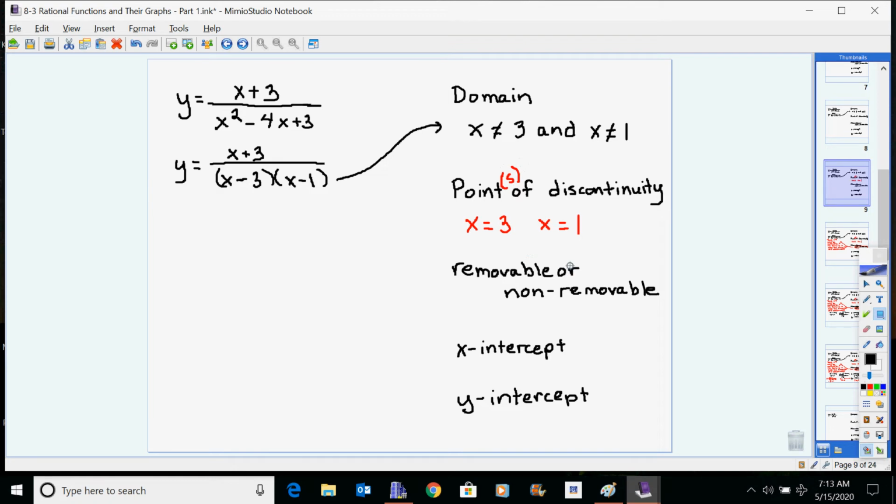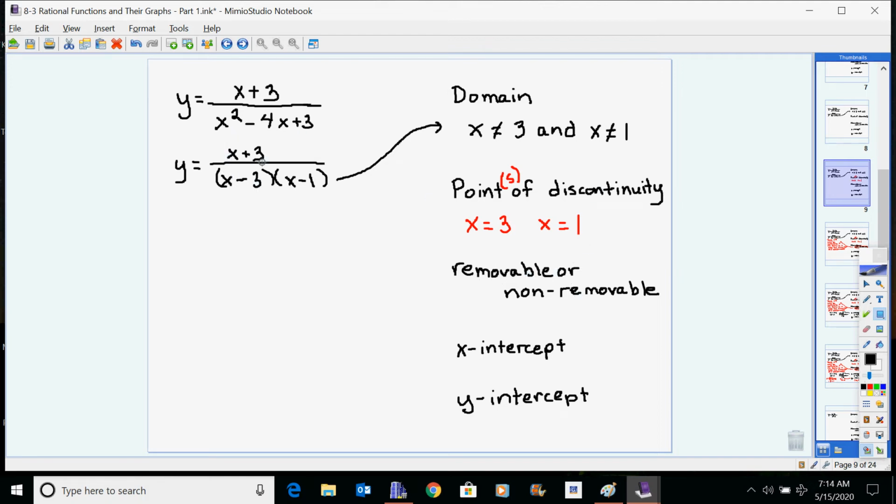So when it asks for that, if there are multiple ones, you need to give them. So x equals 3, x equals 1. Notice these are the same. The domain is telling you it's all x except not these. The points of discontinuity are those points, what x equals.